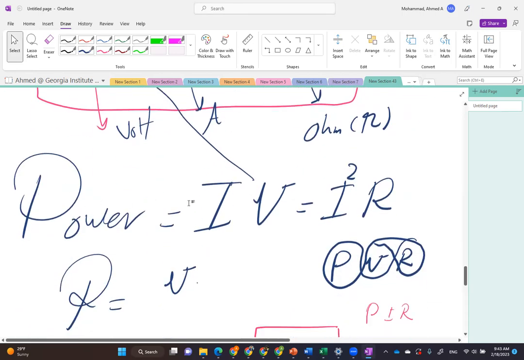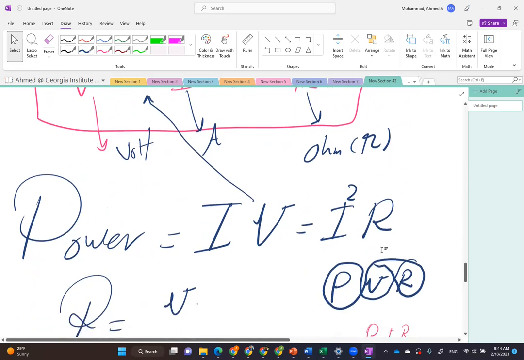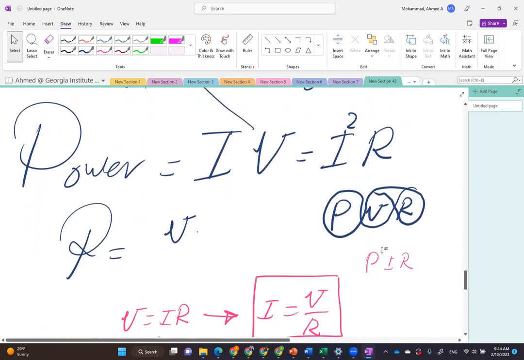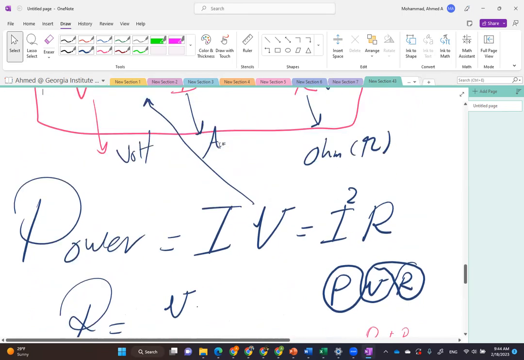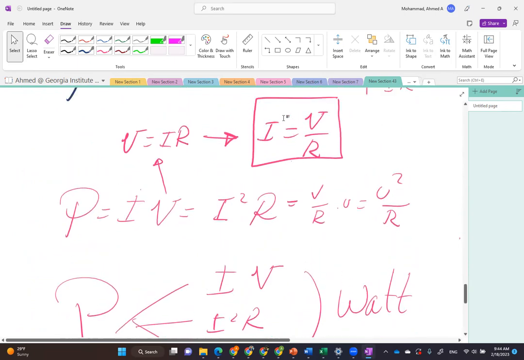Then I explained the power. I said the power equals IV. If I take off V and put IR, the power equals I multiplied by I, which is I squared multiplied by R. And then I asked, can you give me the relationship between power and V when you take off I and put V over R? You didn't answer me.